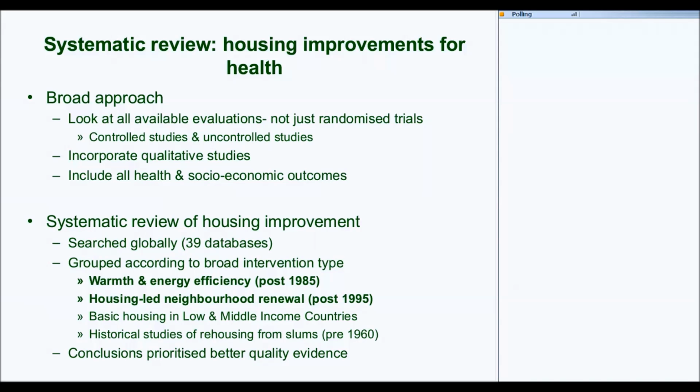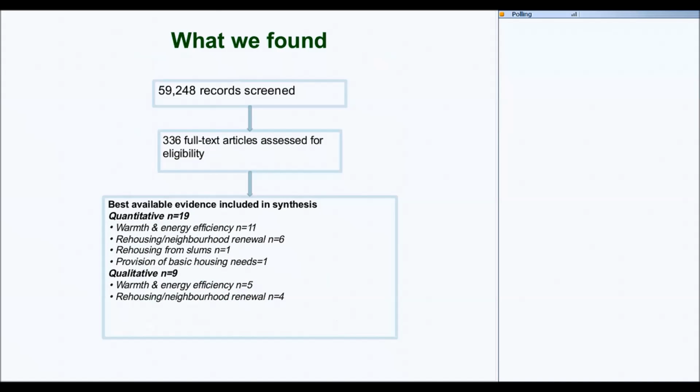And that's a key part of any systematic review, that you assess the quality of the evidence in each study. You don't just treat each study the same, but you prioritise the evidence from the better quality studies.